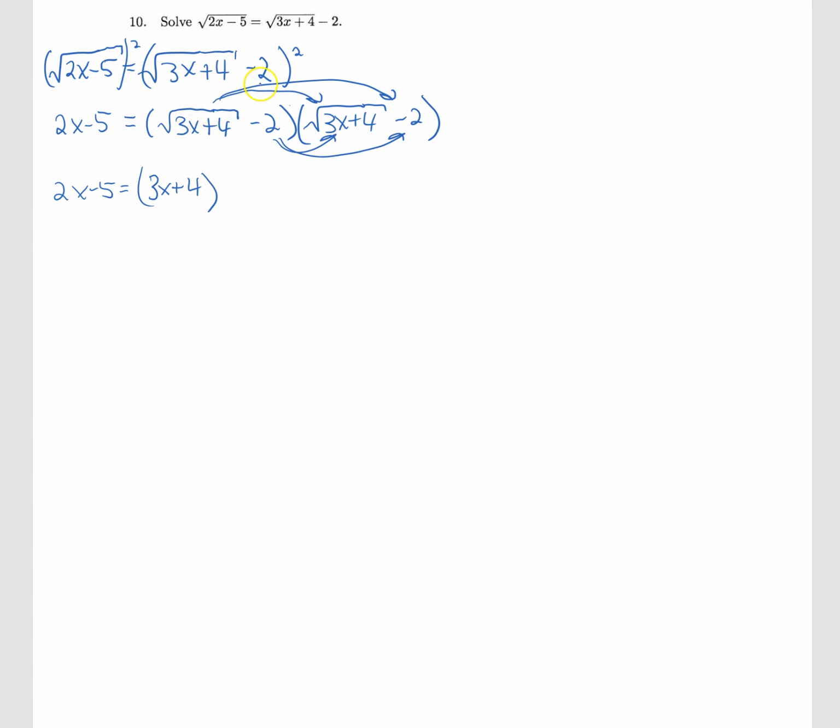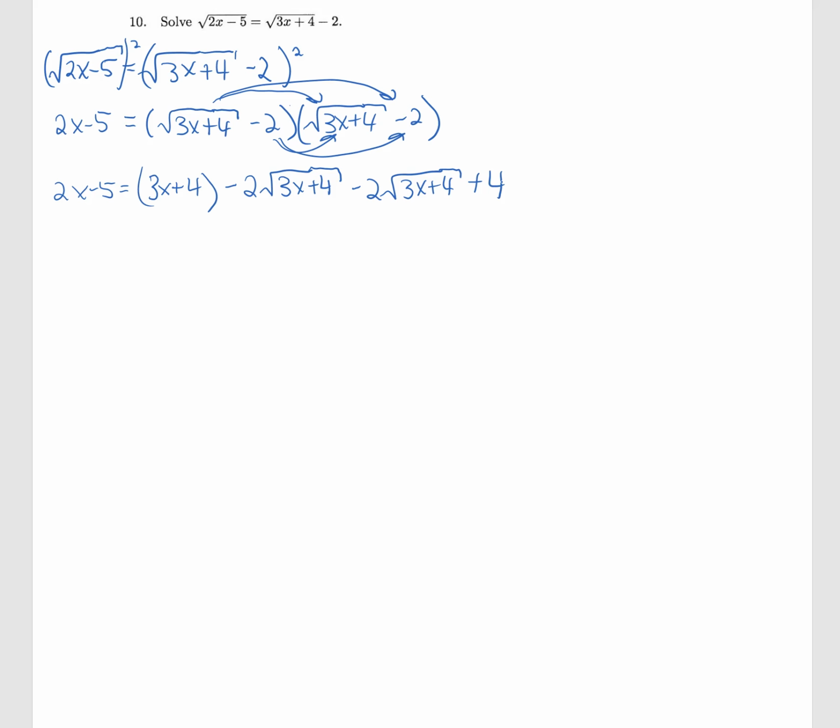And square root of 3x plus 4 times the negative 2 is negative 2 times the square root of 3x plus 4. We have another negative 2 times square root of 3x plus 4. Negative 2 times negative 2 is a positive 4 on the outside.